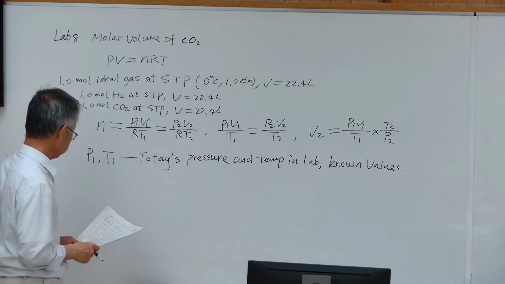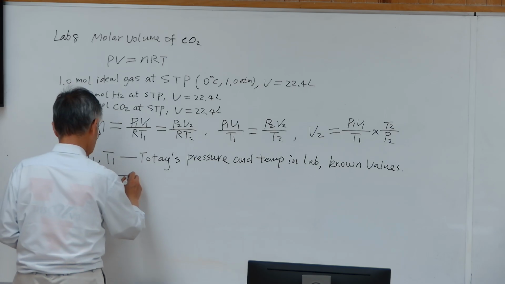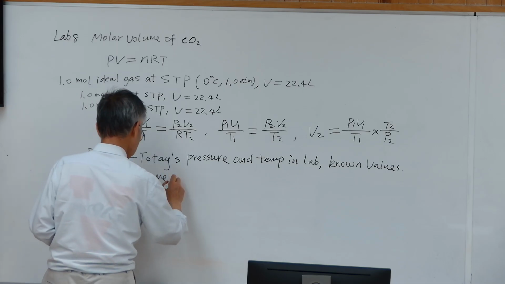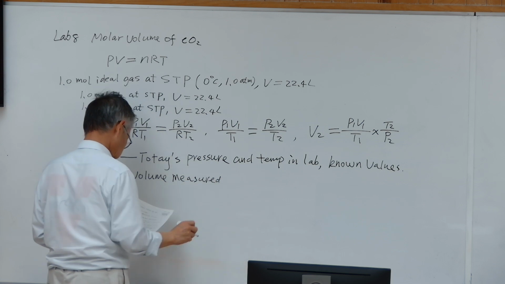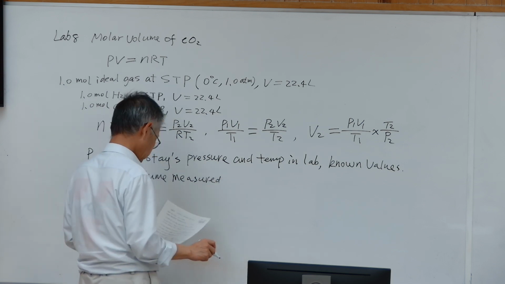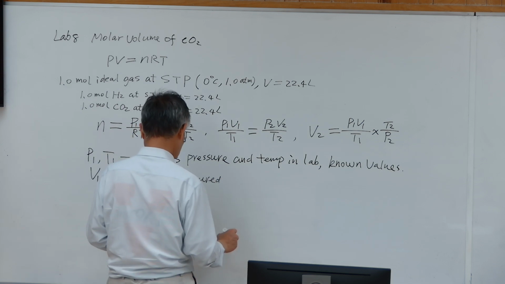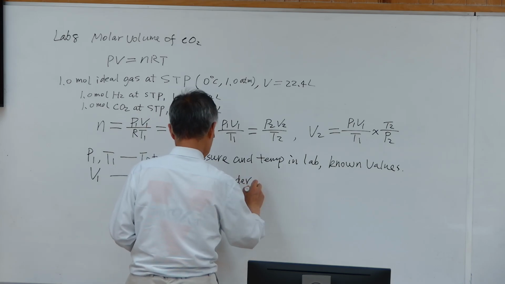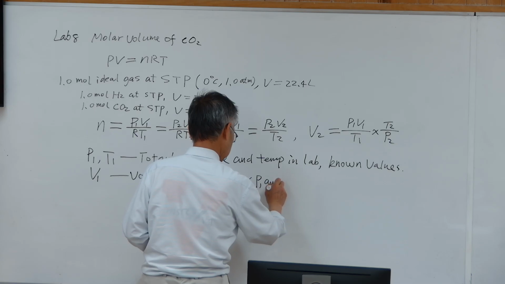And V1 is the volume we measured in lab of a volumetric, actually an Erlenmeyer flask. So this volume is measured under P1 and T1.